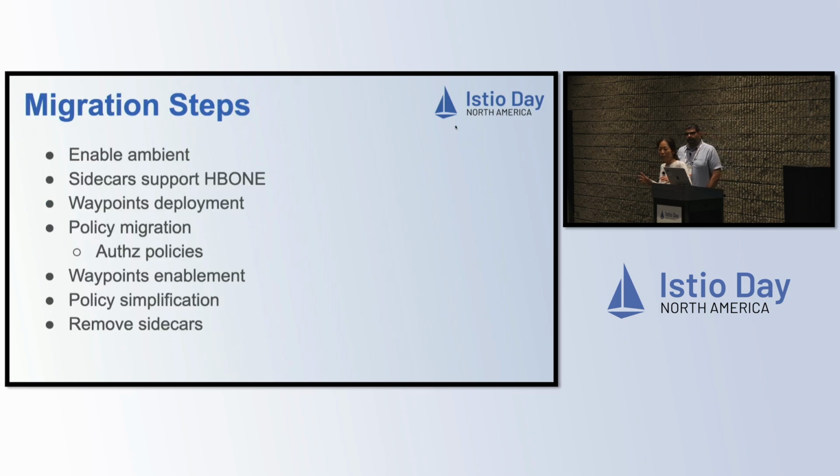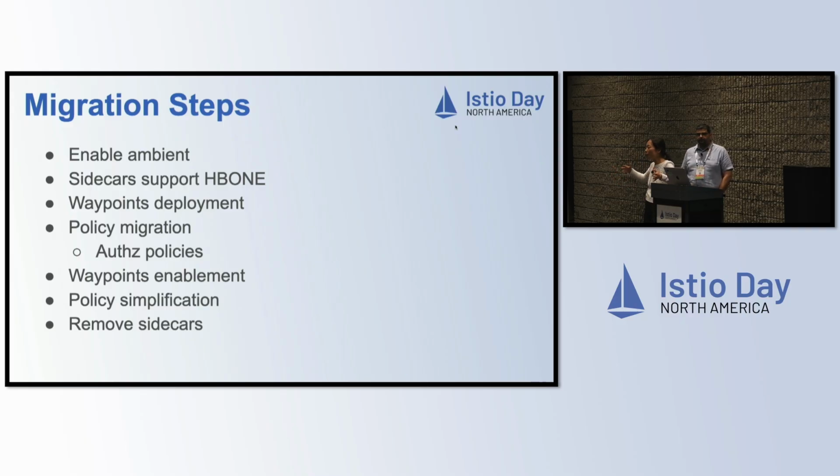On the migration steps, just to recap, you want to enable the ambient profile in your Istio environment first, and then pick up the new sidecar that has ambient enabled, so that your sidecar is able to talk to destinations that understand zero trust, the ztunnel and waypoint.